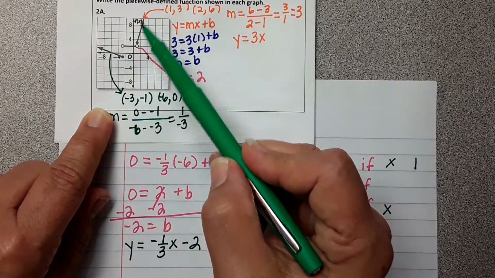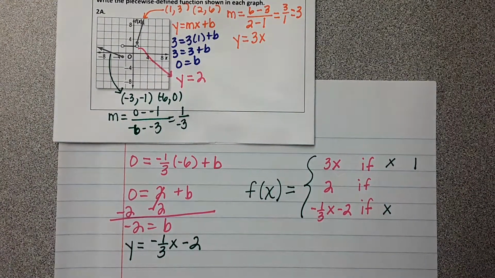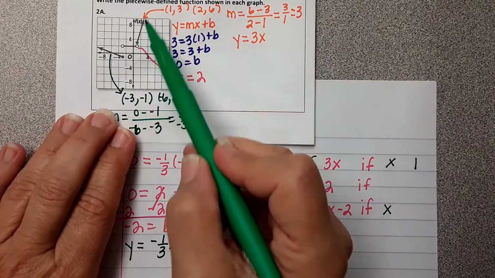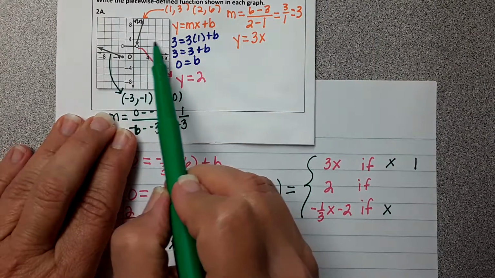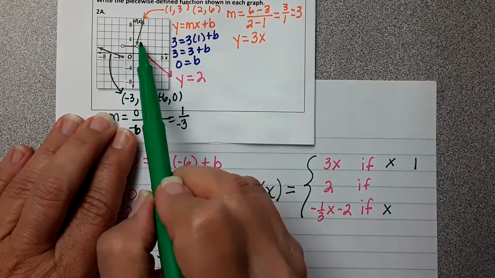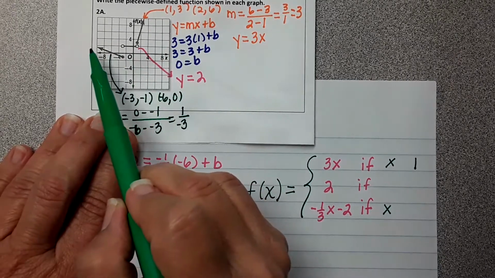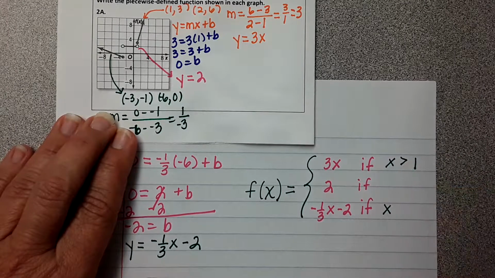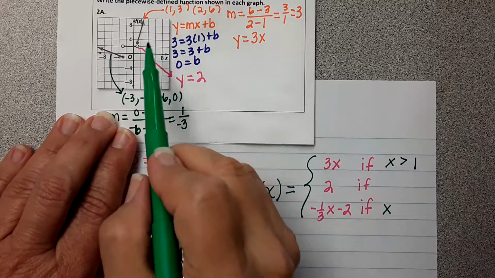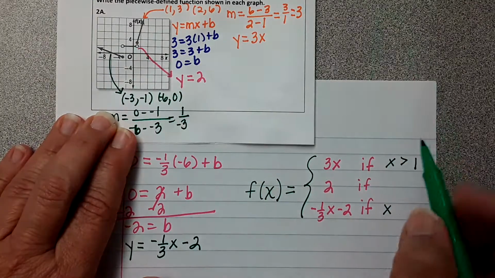We wanted all the x's to be what? For this line right here, we're going up, so the x's are going towards this way. Do we want them to be positive or negative? Positive, so we want them greater than 1. And does it include 1 or exclude 1? It includes 1 because it's a closed dot.